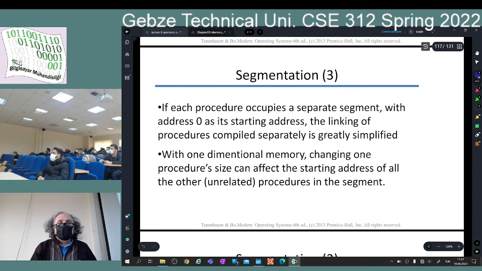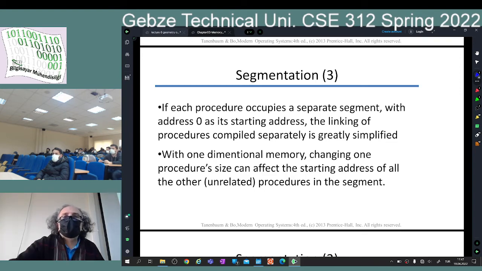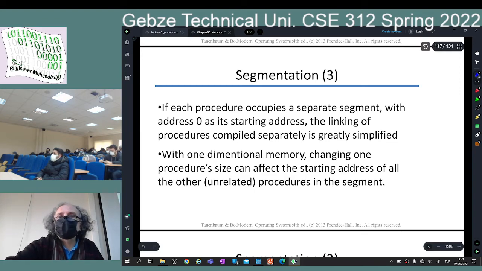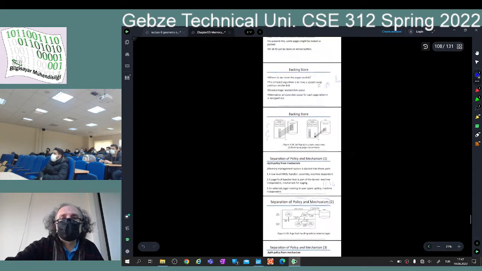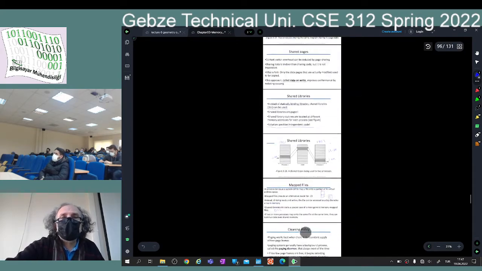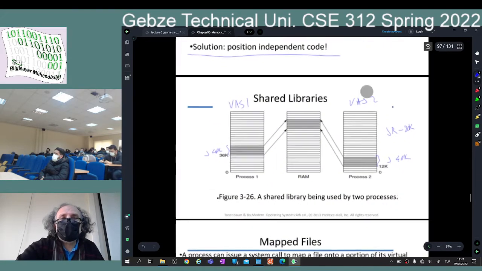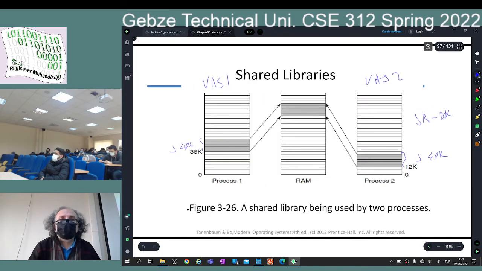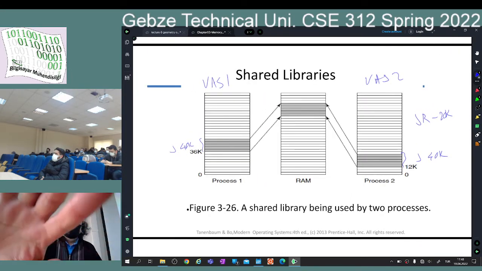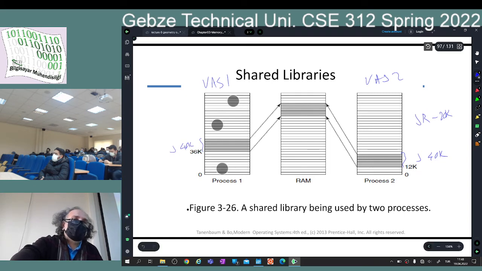So some of the advantages of, again, segmentation. Remember the DLL libraries with the paging? It was a nice example of using paging. We said that for process number 1, this is the virtual address space of process number 1 and the virtual address space of process number 2.